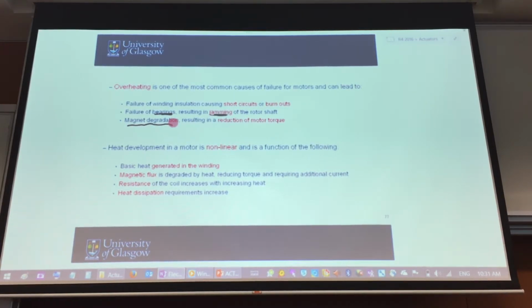Another way is to put it into an oven. If you heat it up, under heat, your magnetism would lose its effect as well. So that's what's going to happen in your motor. If it's under constant high heat, your permanent magnet would lose its effectiveness permanently. So that's why we need to cool down the motor.